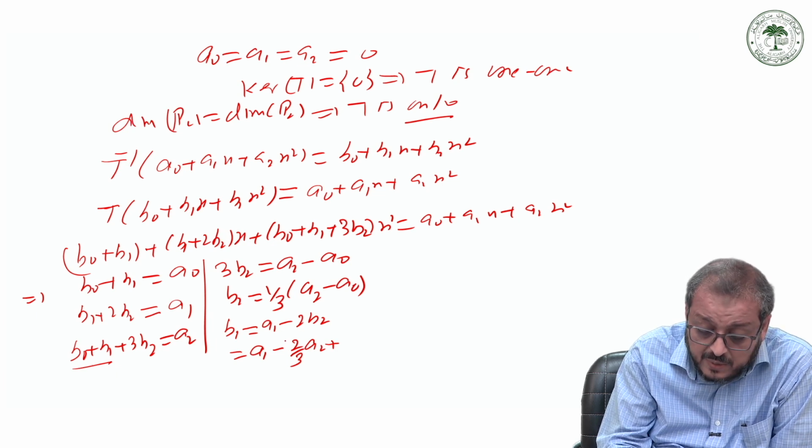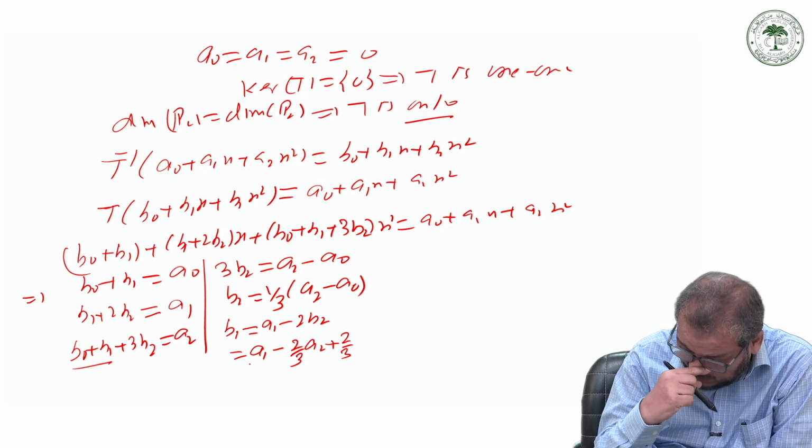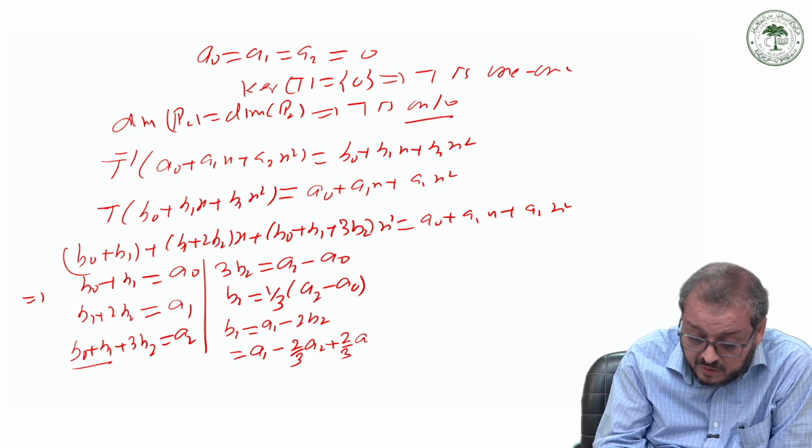and minus, this is equal to minus b2. So minus minus plus 2 by 3 a naught.